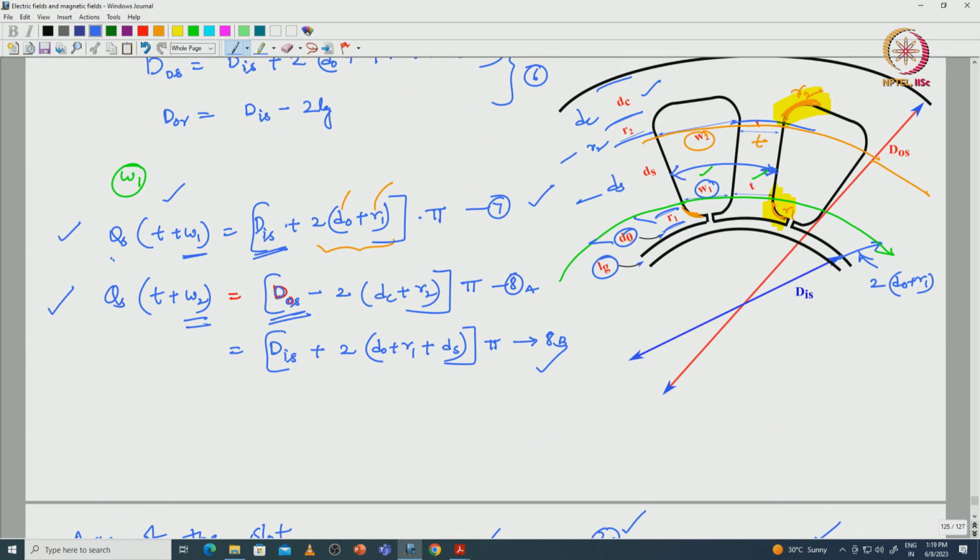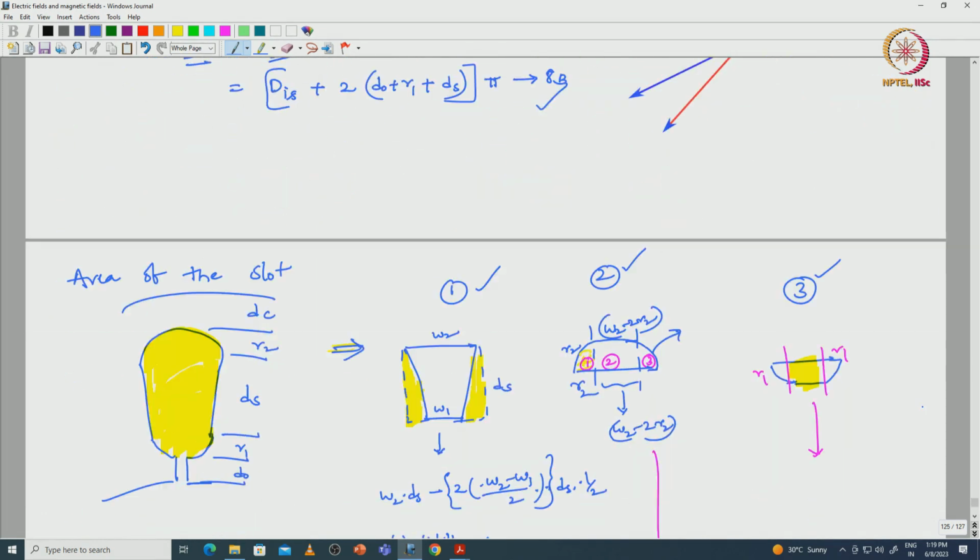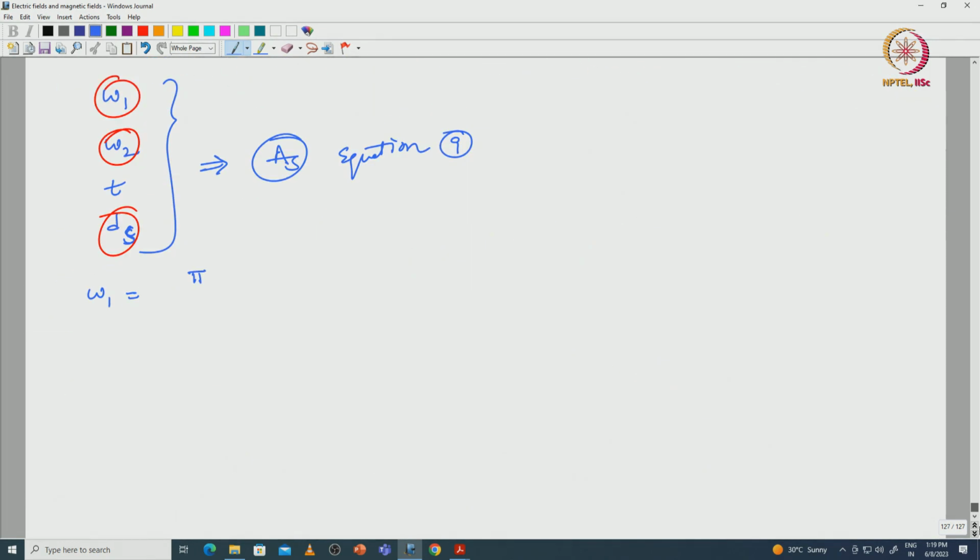Just rearrange the terms from equation 7 and 8, then we can get the W1 is equals to pi by Qs into dis, inner diameter of the stator, into 2 into d naught plus r1 minus t.